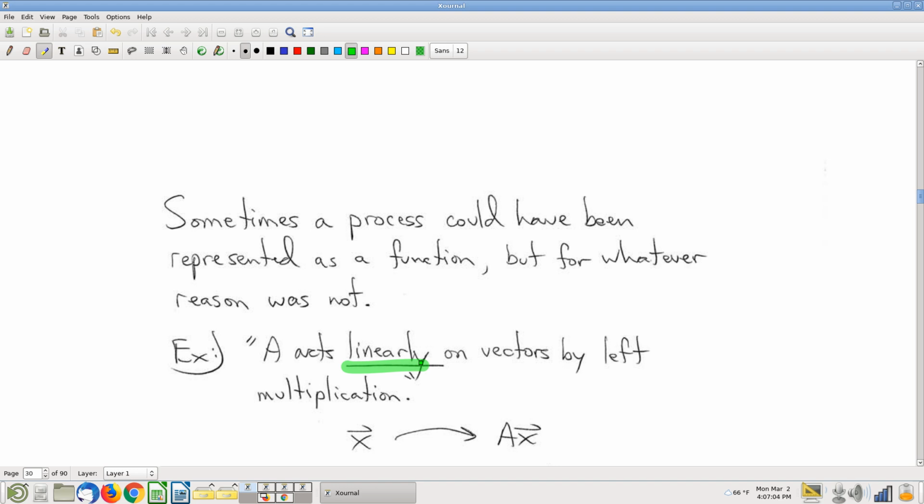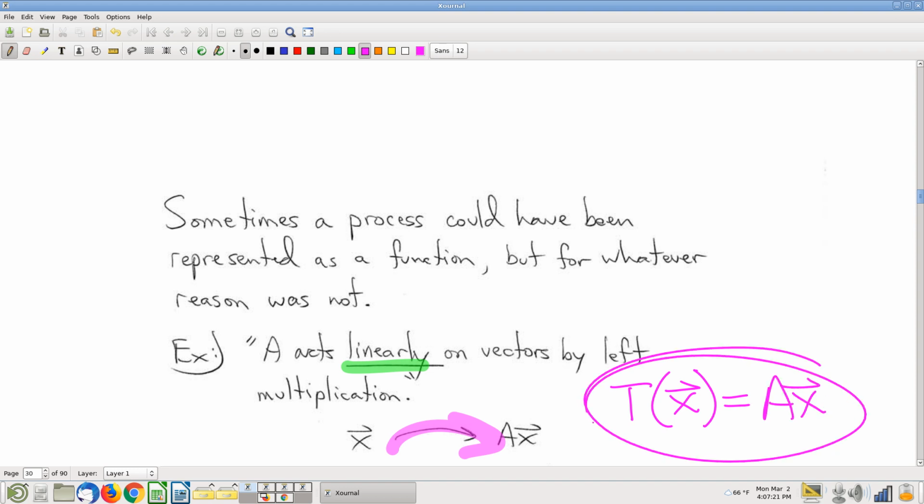And so, you can see the function right here. By the way, that's the same function that we talked about back in chapter 1. Remember, we reinterpreted matrices as functions, and interpreting a matrix as a function was very helpful in understanding determinants, making certain key geometric interpretations of determinants.